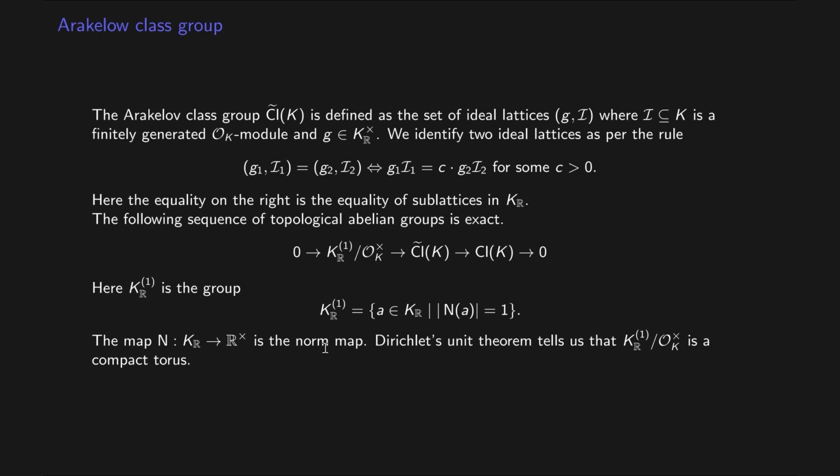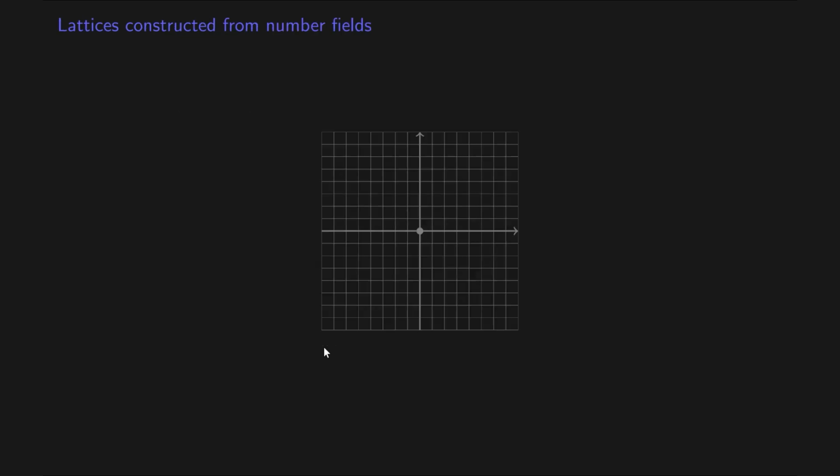And so now our probability space would be this finite collection of tori. So it seems like a rather nice space to study.